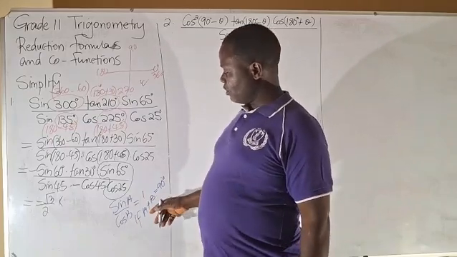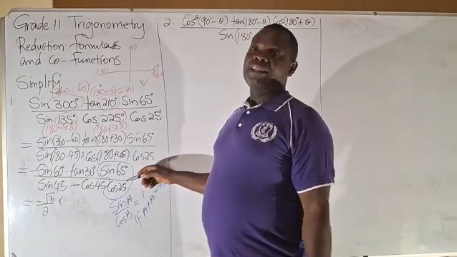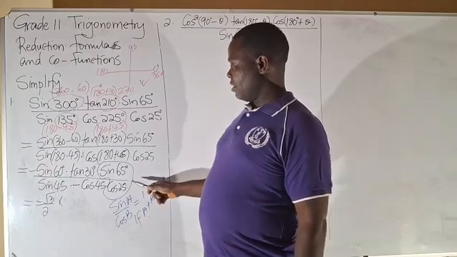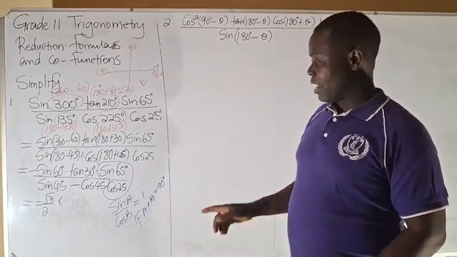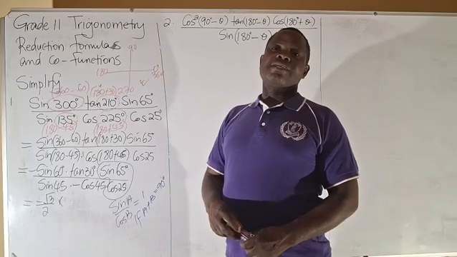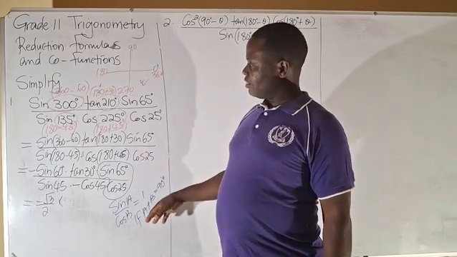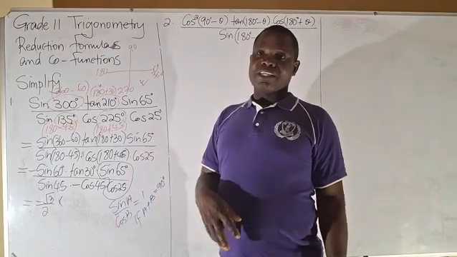I just want to let you know that if you take these two angles and notice that they have a total of 90 degrees all the time, then the answer is definitely going to be equal to 1. This is cofunctions. There is no moment in an exam when you are requested to calculate without a calculator, and then you are given angles that cannot be worked out without a calculator.